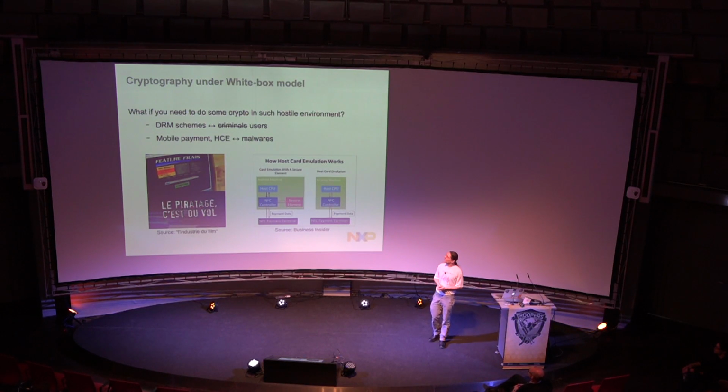But recently there was another use case that is becoming more and more popular, which is mobile payment and what is called host card emulation. And there, the user is not the attacker anymore, but it's more like financial malware that will try to steal your money that could be on your phone.